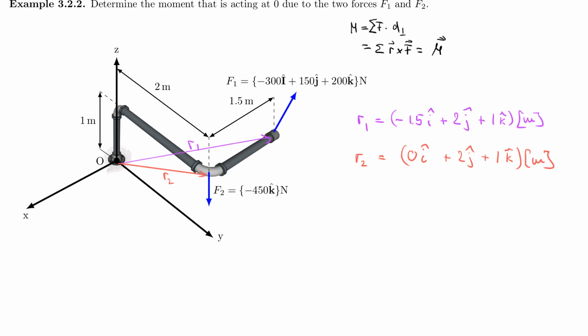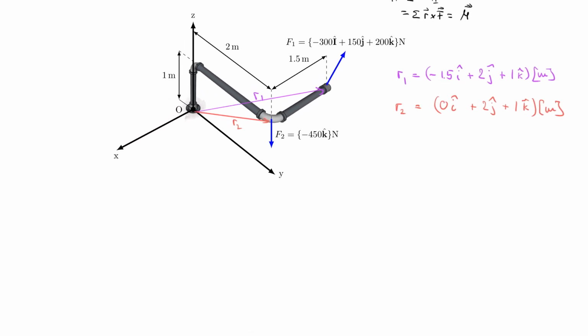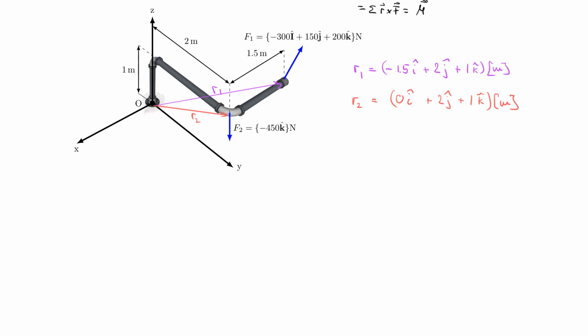So what do I have to do now? I have to write down these two vectors with their corresponding forces. So if I want to do that, I would say that my M about O is really equal to the summation of R cross F. And so therefore I would end up with two matrices. I would have matrix 1 i, j, k. And let's start with our R1.